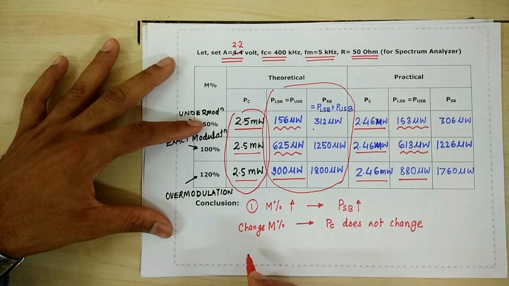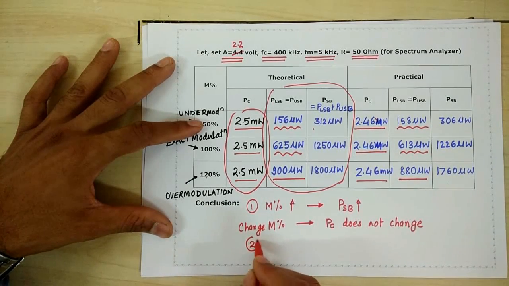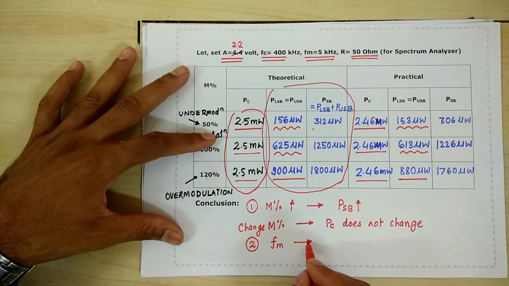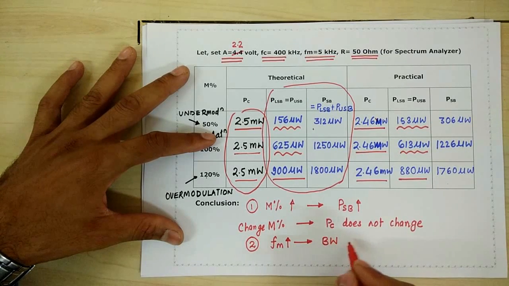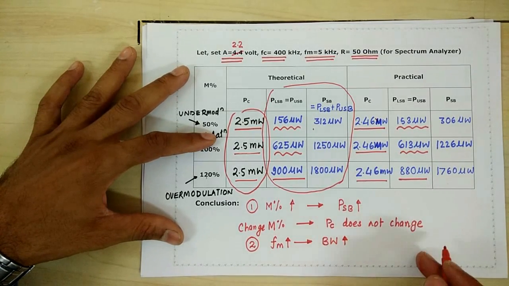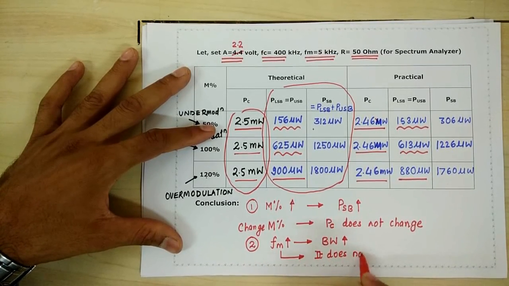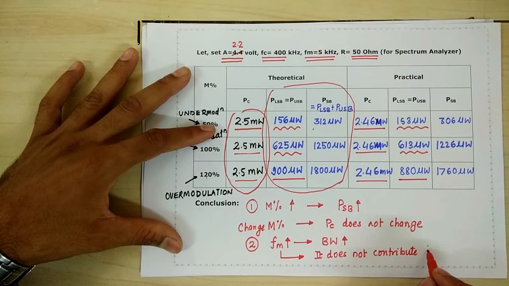If you increase or decrease the message frequency, it changes the bandwidth. If you increase the message frequency, the bandwidth of the system increases, but changing the frequency does not contribute anything to the power.